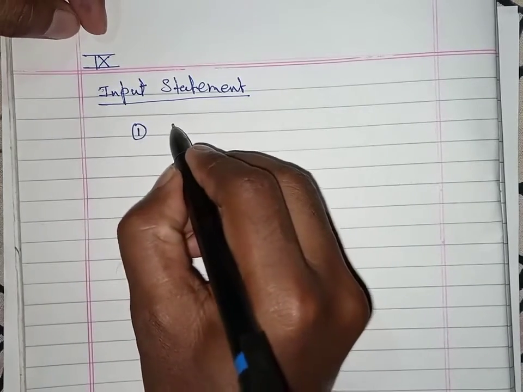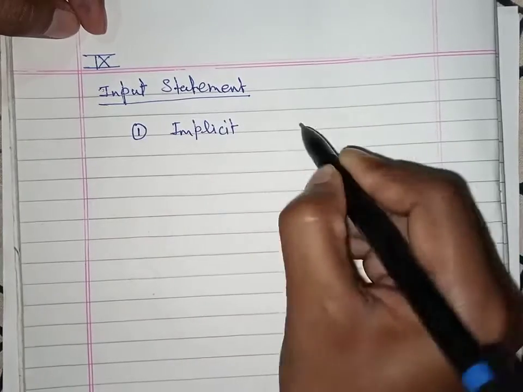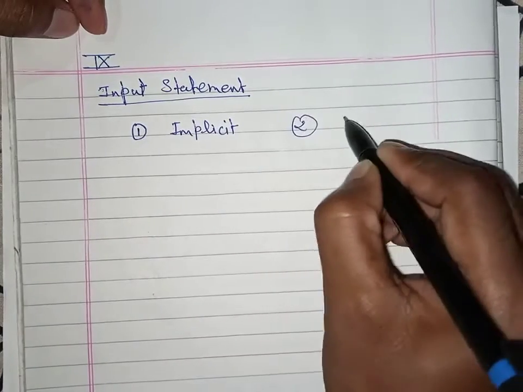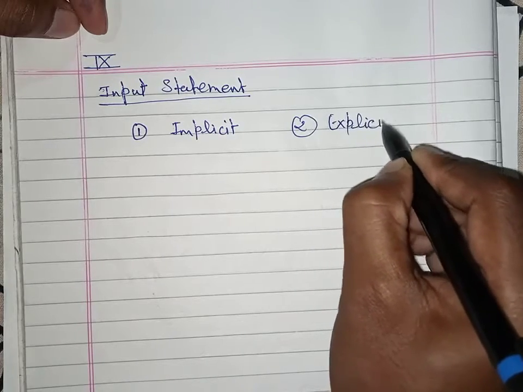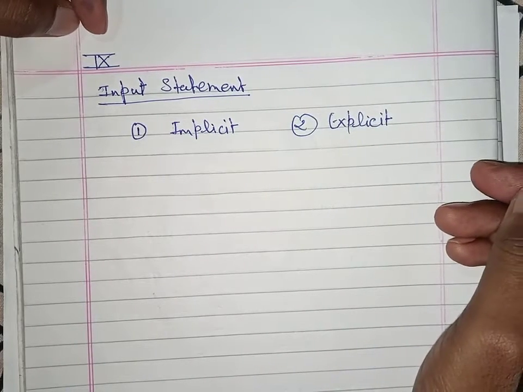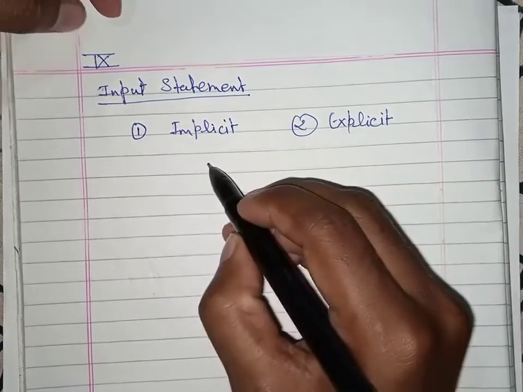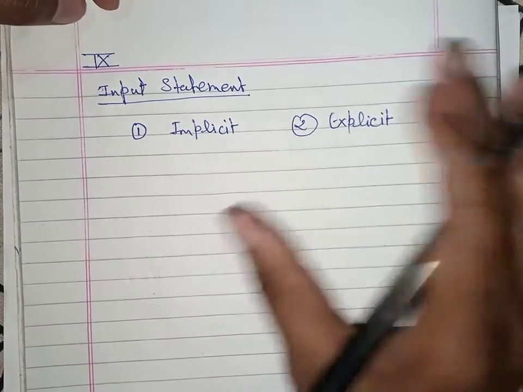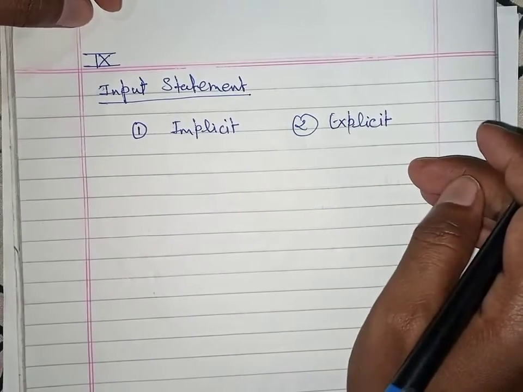Number one, implicit input statement, and number two, explicit input statement. What is the difference between implicit and explicit?